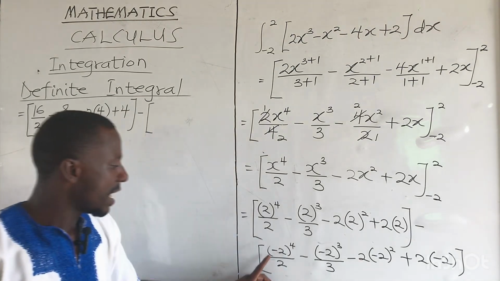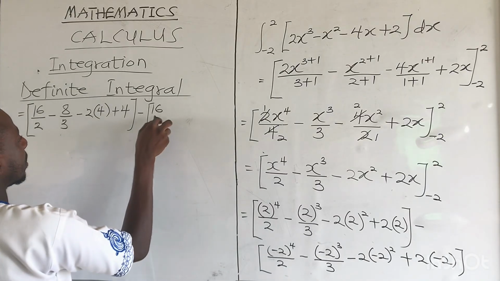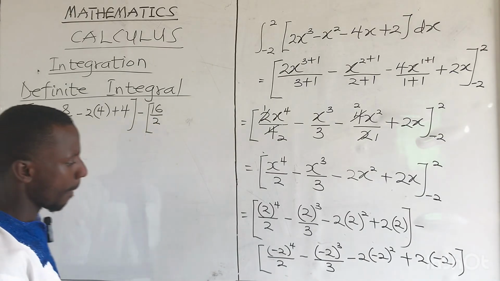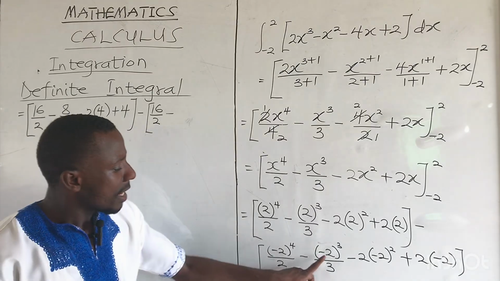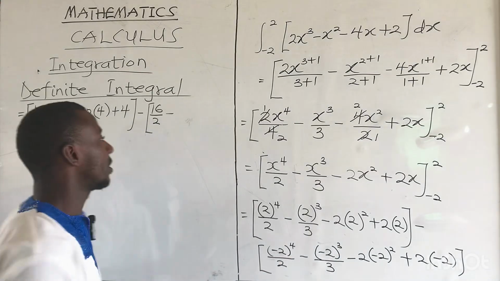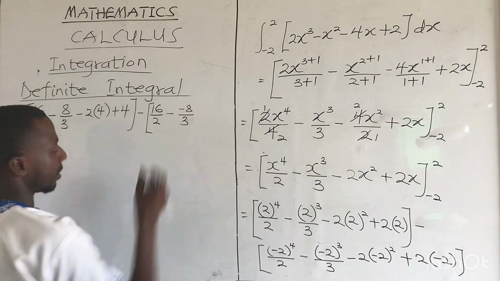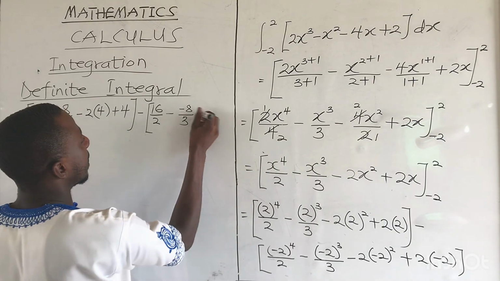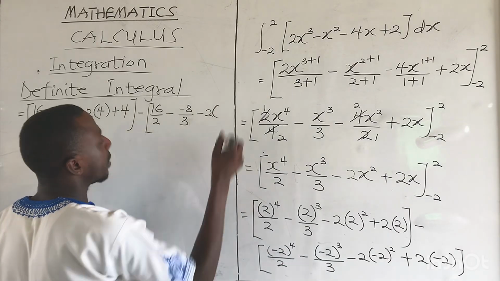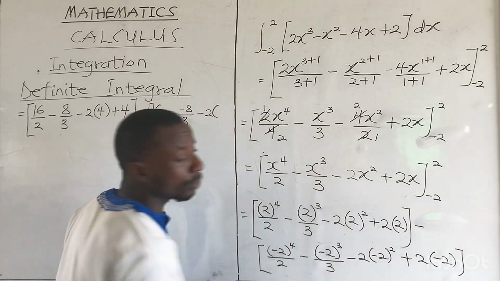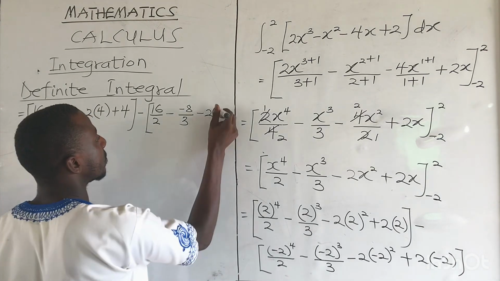over here, negative 2 power 4, we are going to get 16 over 2, minus negative 2 power 3, we have negative 8 over 3, minus 2 also multiplying negative 2 squared, we are going to get positive 4.